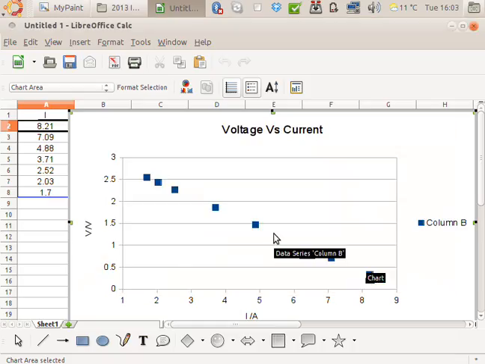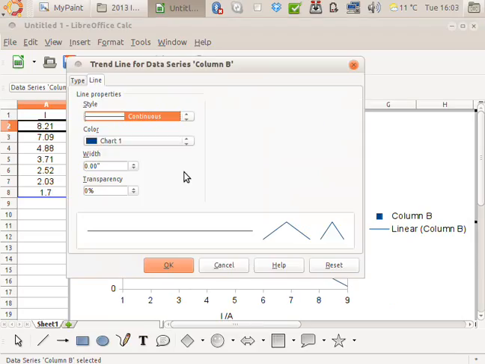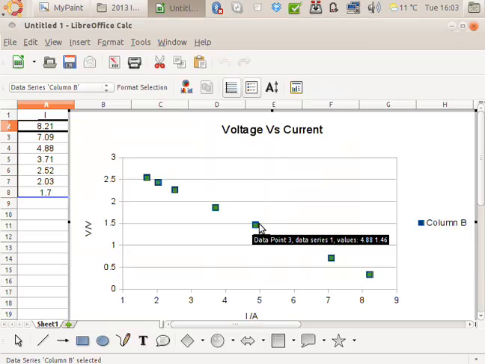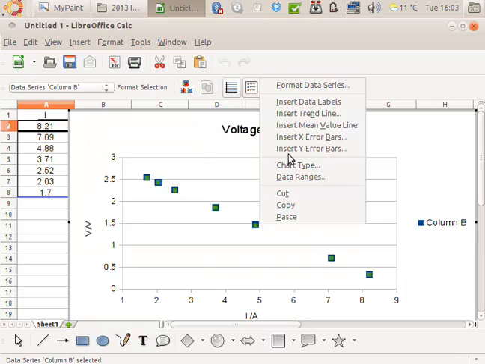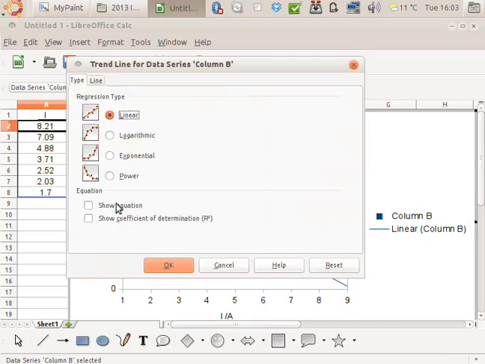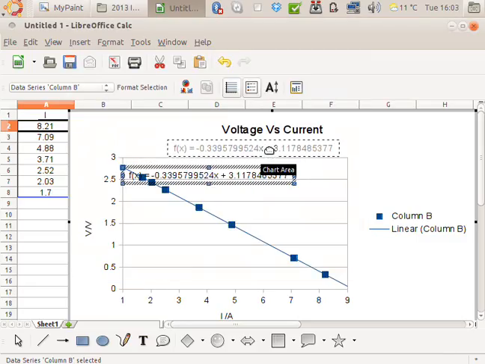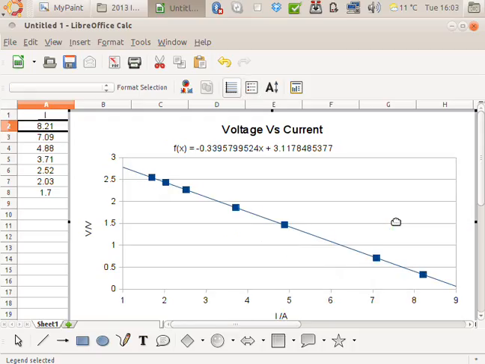There we go. So you get that, and then I'll put in my line. Insert trend line. And then we move this over.